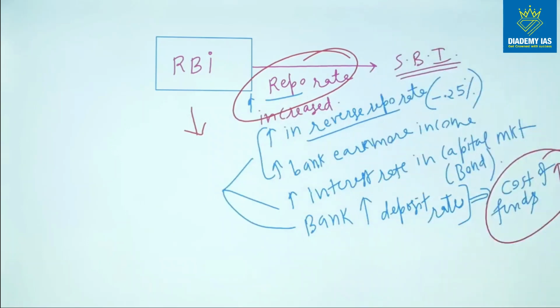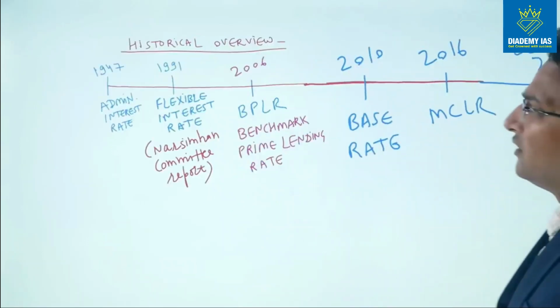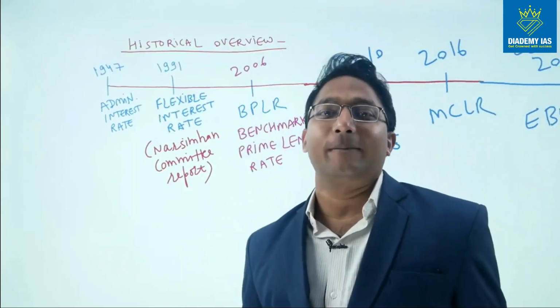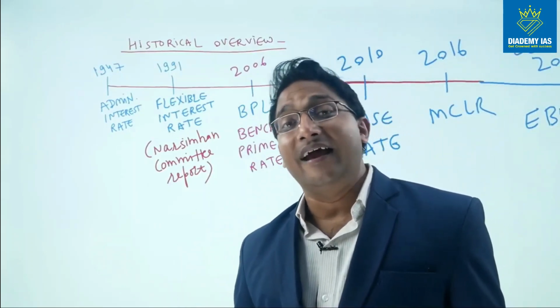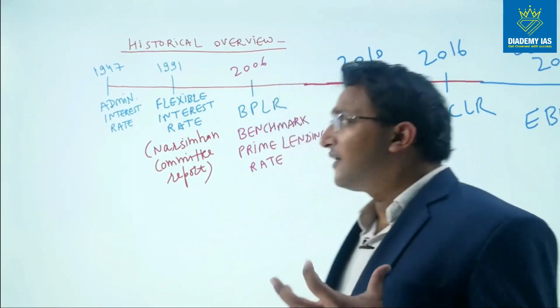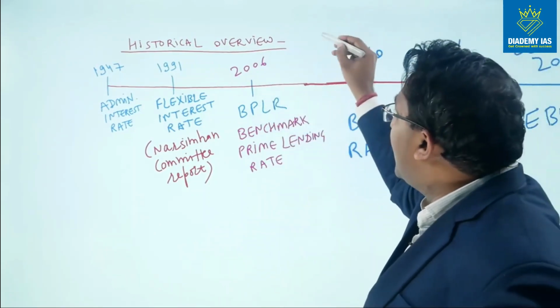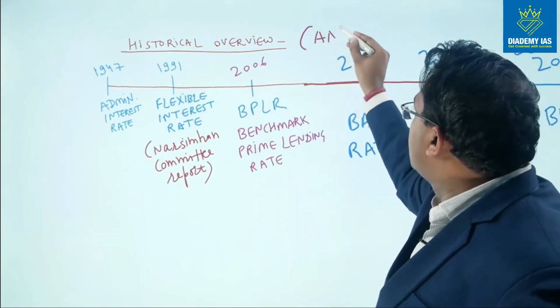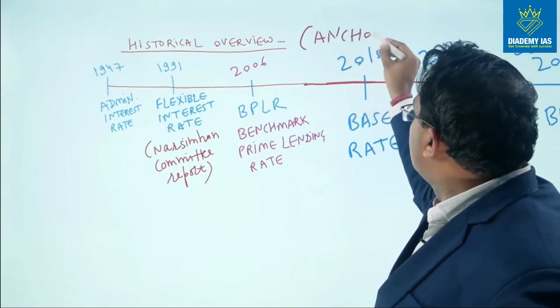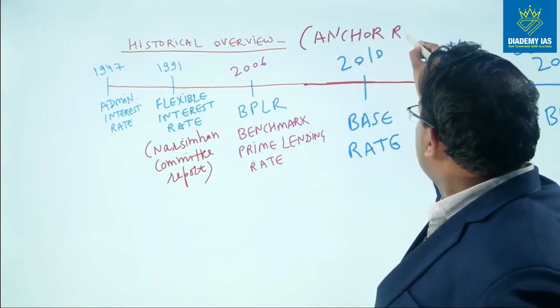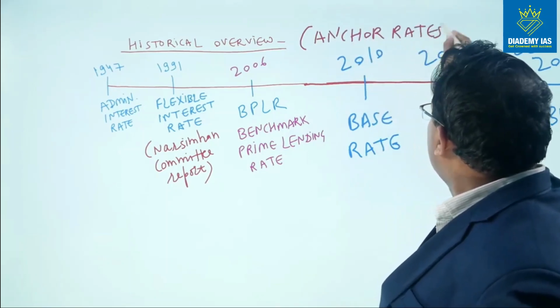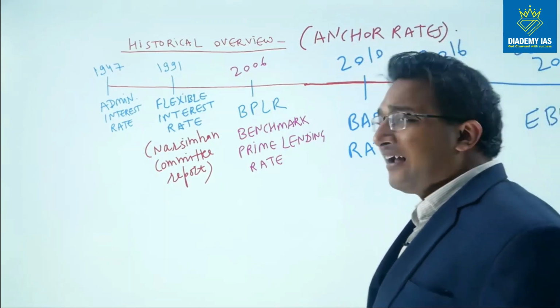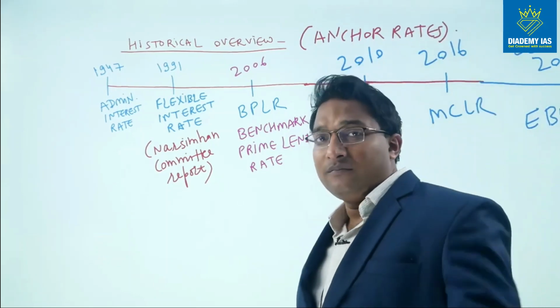Now, next thing, let us see the historical overview of the different type of lending rate, and these different type of lending rate are also called as anchor rates. So they are also called as the anchor rates because they act as the anchor.